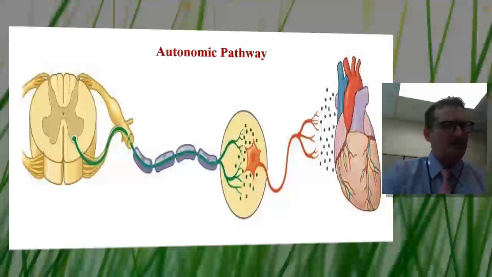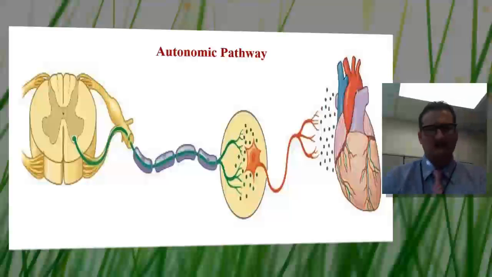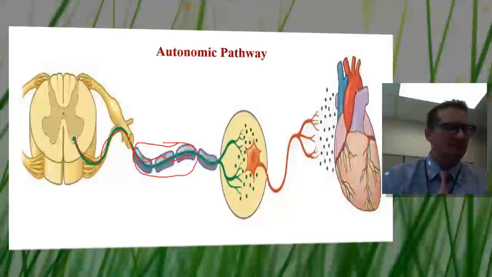In the autonomic pathway of the peripheral nervous system, it's a bit more complicated. A myelinated preganglionic neuron extends from the brainstem or spinal cord out to a ganglion. Again, it begins in the ventral gray matter of the spinal cord. It comes out, passes through. Again, this is myelinated. The ganglion can be near the spinal cord or out near the target organ, depending on if it's a sympathetic or parasympathetic ganglion.